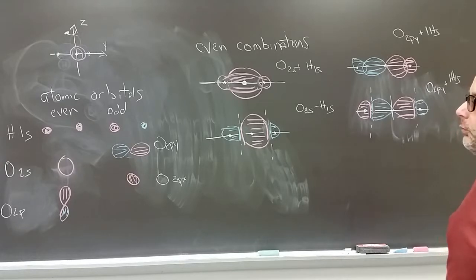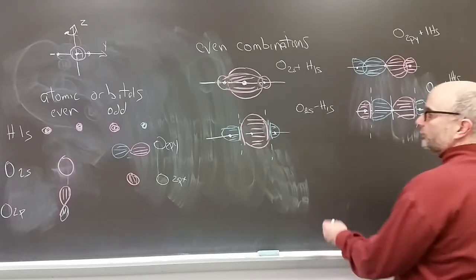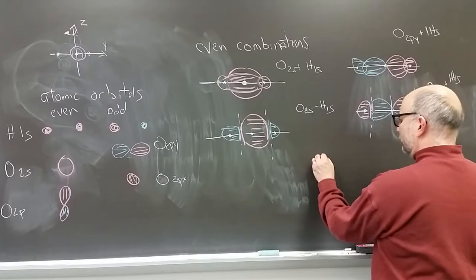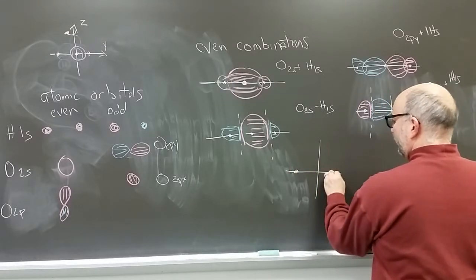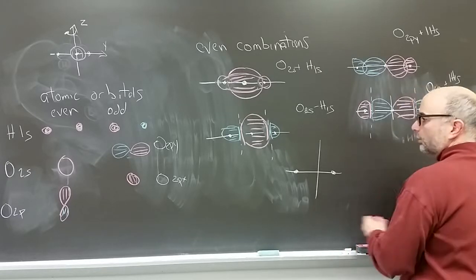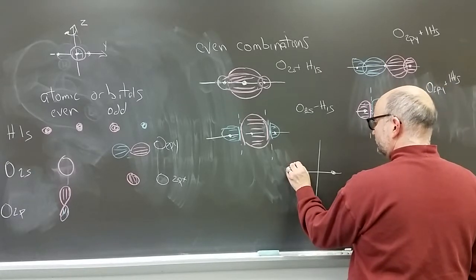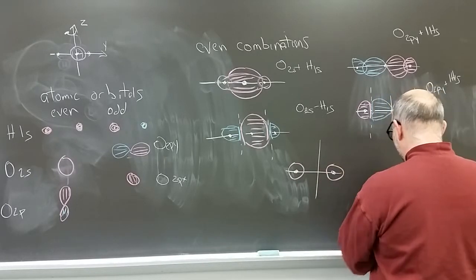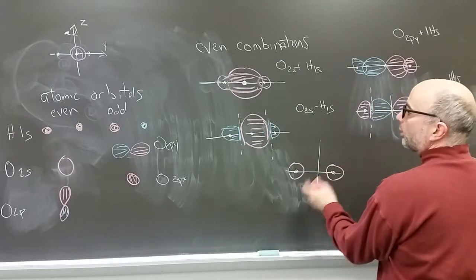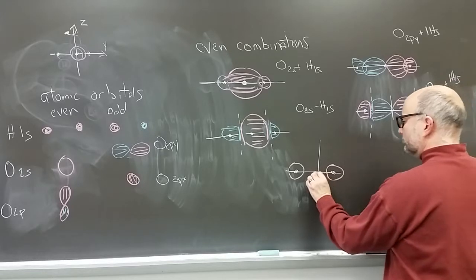Now the one interesting one that in this shape actually goes from bonding to non-bonding is one of the even combinations, and I'll do that one separately here. And that is the hydrogen 1s along with the 2pz.